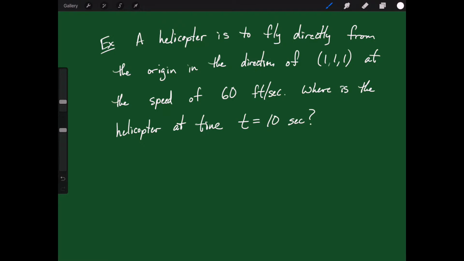Well, fortunately, I actually know both of those things even right now. I have a point that this thing flies through, 0, 0, 0, and I know a vector because it goes in the direction of 1, 1, 1. So my vector v will be 1, 1, 1, or if you prefer, i plus j plus k.